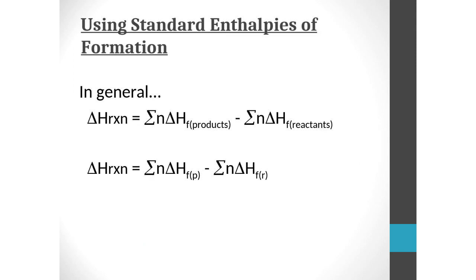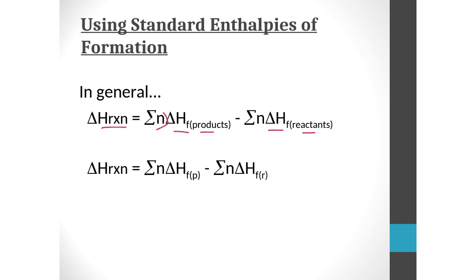So what we do is we take these enthalpy of formation values and we use them in an overall chemical reaction. The enthalpy of your entire reaction will be based on the enthalpies of formation of the products, and we subtract off the enthalpies of formation of the reactants.